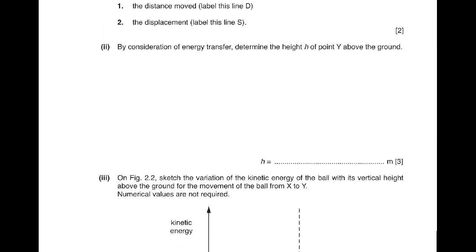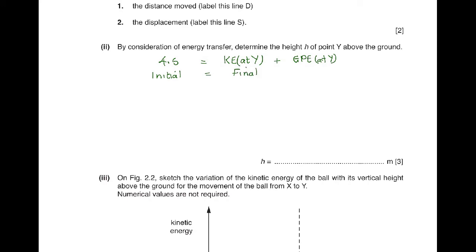So we're going to use conservation of energy here and energy transfer. We're going to say that that initial 4.5 joules of energy becomes the kinetic energy at Y plus the gravitational potential energy at Y. So this is like our initial energy and our final energy. They are conserved.